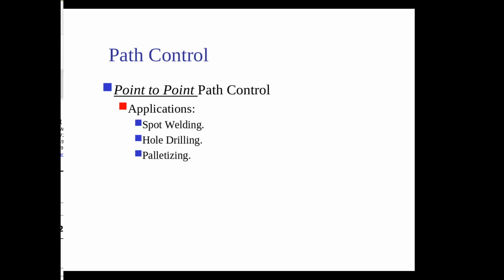All right. Now the point-to-point path is useful for a lot of different applications. Number one, when you're just trying to program the robot to move to one point or another within the work envelope, and you don't care about the path that it's actually taking, then point-to-point control is the desired method, because it's simple, it's a more natural movement for the robot, which means less stress on the parts of the robot.